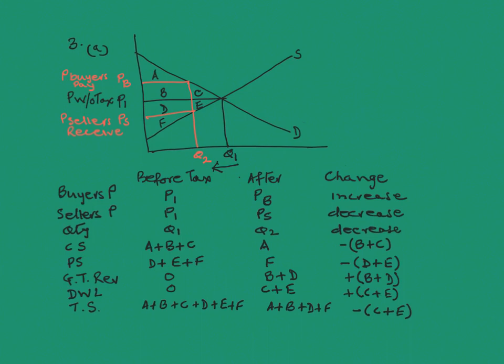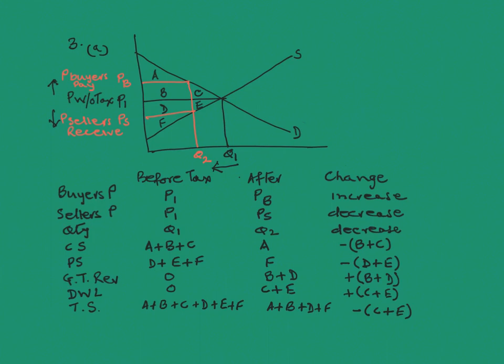Buyers are paying more, from P1 to PB. Sellers are receiving less, from P1 to PS. The table shows the effect of tax on the market for cars.